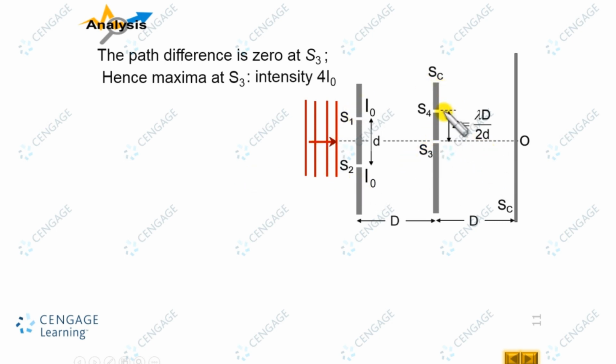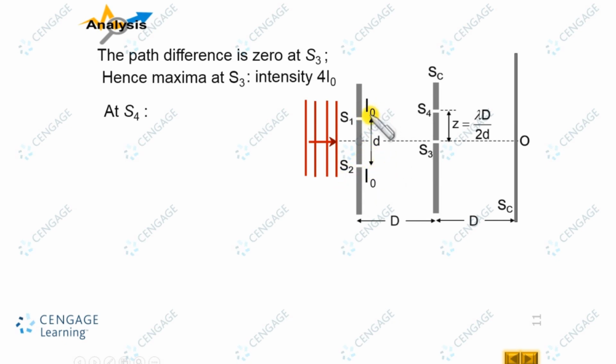Now let us calculate the intensity at S4, and we know this distance Z is equal to Y. For calculating the path difference at S4 we should use the Young double slit experiment formula, that is delta x divided by small d. Delta x is the path difference.